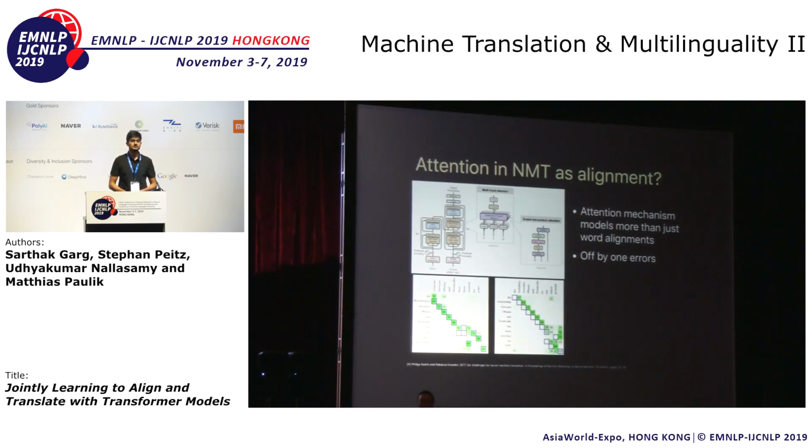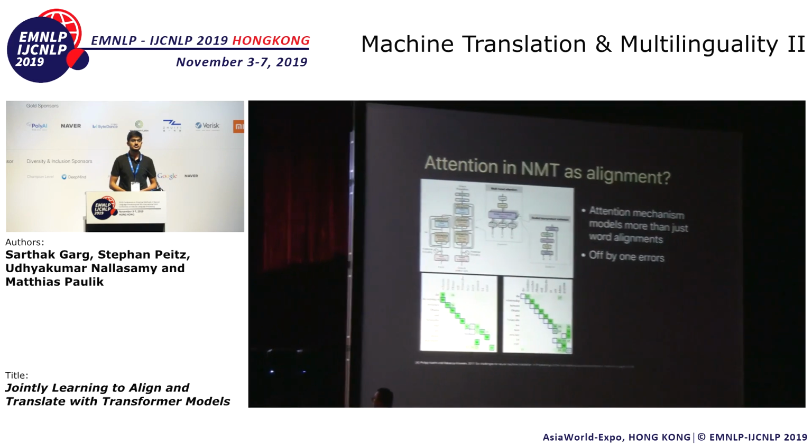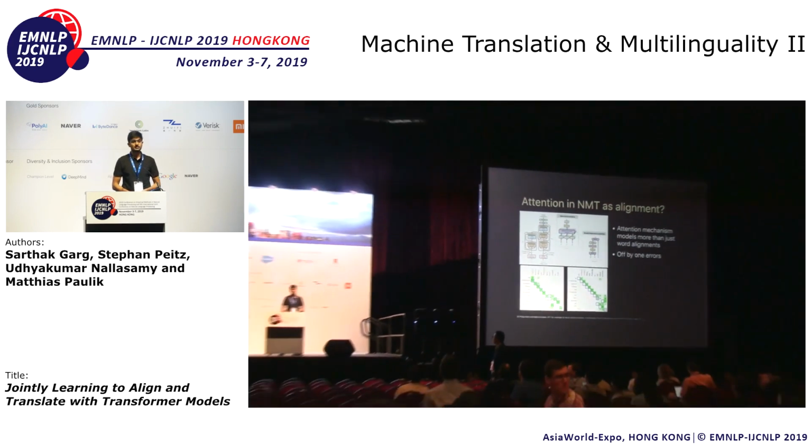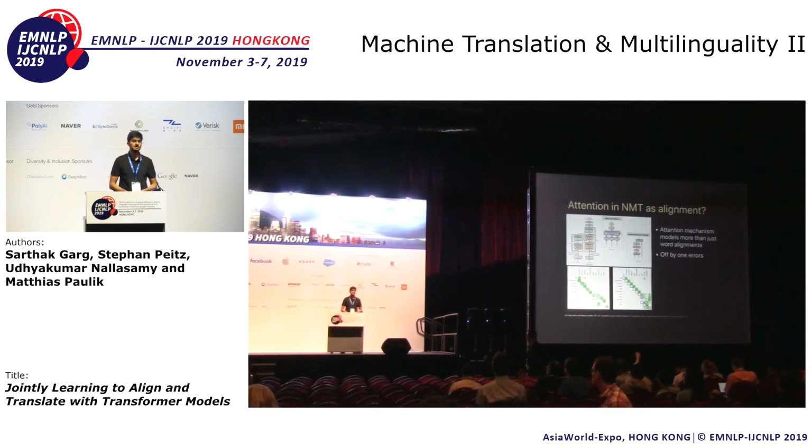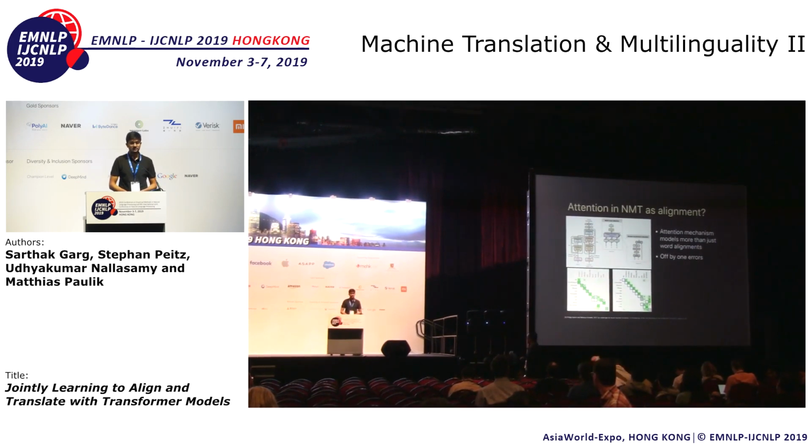I had a question regarding the units you're using. Are you using some kind of BPE units anywhere in your system? And if so, how do you reconcile the alignments of various subparts at the end to get word alignments? In our experiments, we used BPE, around 32,000 BPE merge operations. To get word alignments from subword level alignments, we use a naive method: a source word is aligned to a target word if any of the BPE splits of the source word is aligned to any of the BPE splits of the target word. That's a simple rule that we used.